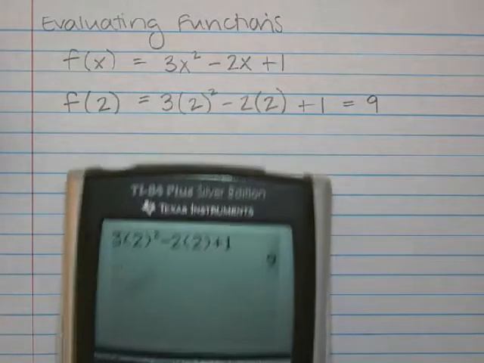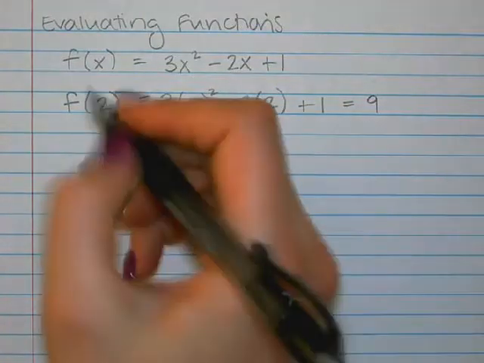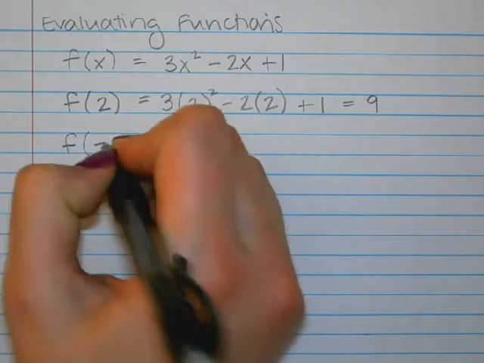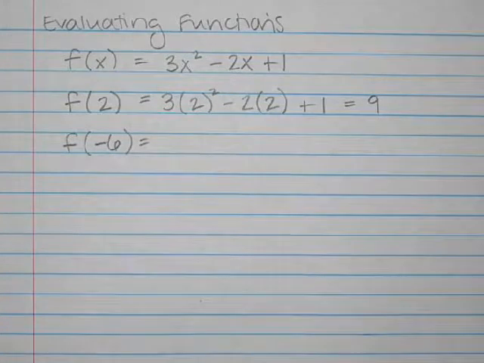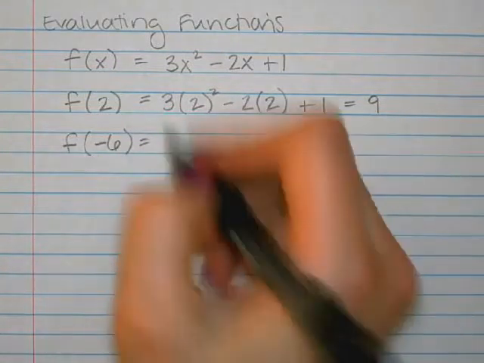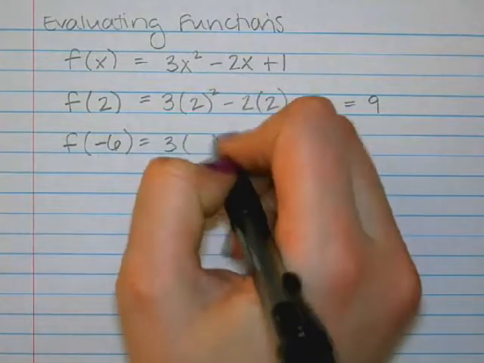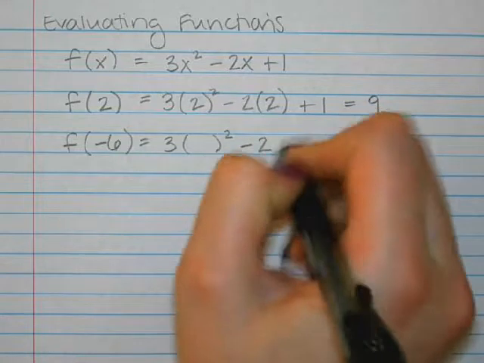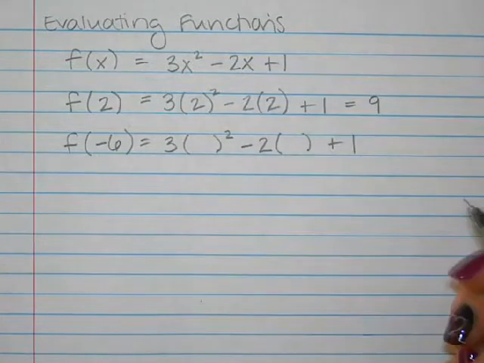All right. We're going to go ahead and do it again. This time we're going to evaluate it for negative 6. So same thing, we're writing it out. Just any place you saw an x, you're going to put a negative 6 in there instead.